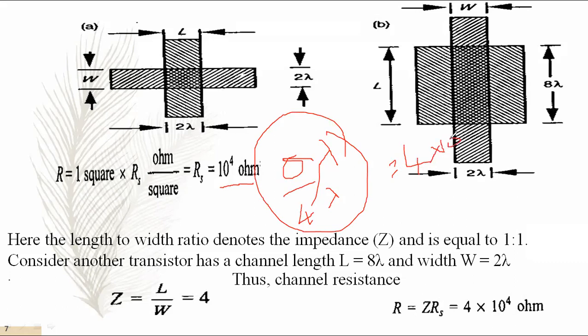Hence the length to width ratio denotes the impedance Z, and in the first case it is a 1:1 ratio.